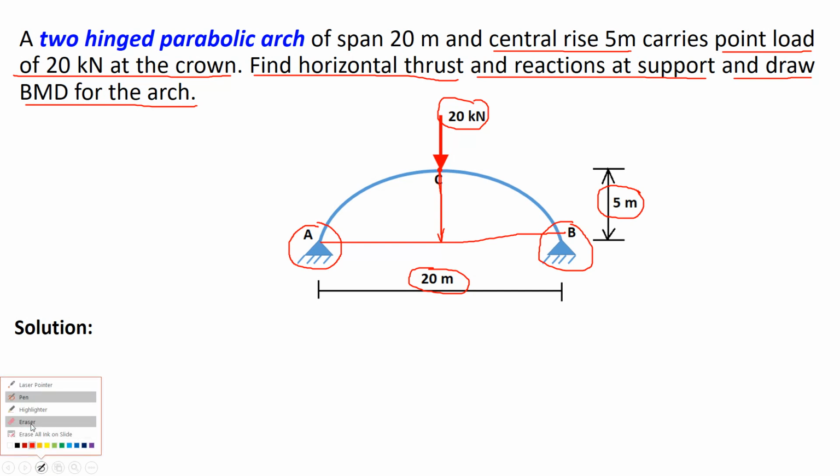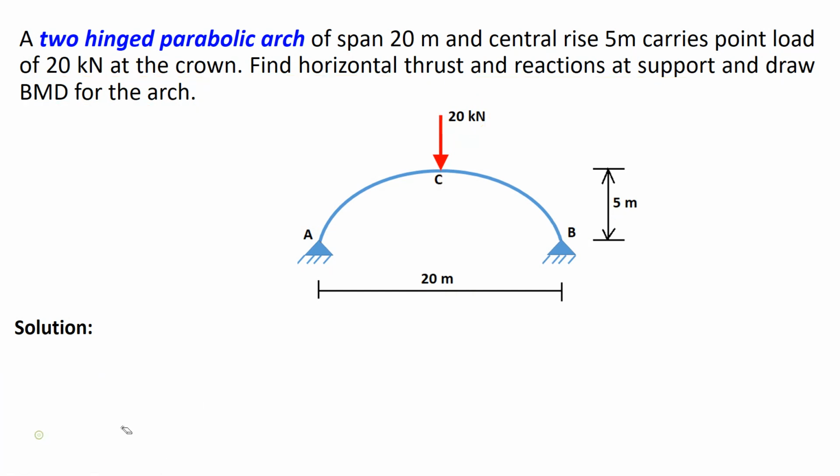Now the question is to find the horizontal thrust and support reactions. So the first step is to find the support reactions. Support A is a hinge support, support B is also a hinge. At a hinge support there are two reactions, horizontal and vertical.